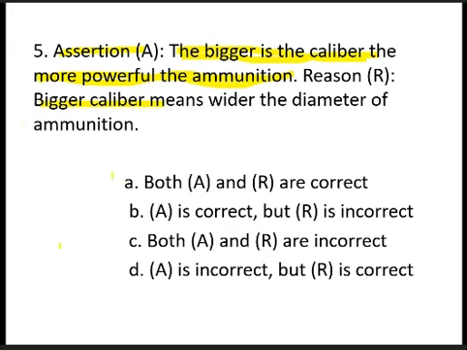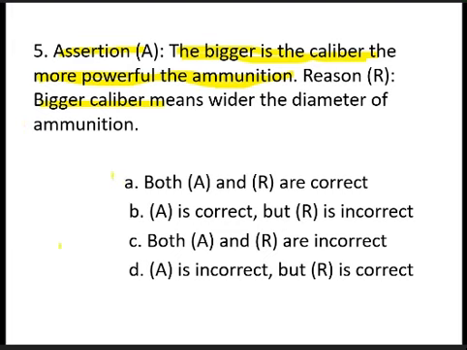Okay, so choice is letter A. Both A, which is the assertion, and R, which is the reason, are correct. It actually needs analysis. And then choice letter B, A is correct, assertion is correct that bigger is the caliber, the more powerful the ammunition. However, the reason is incorrect.